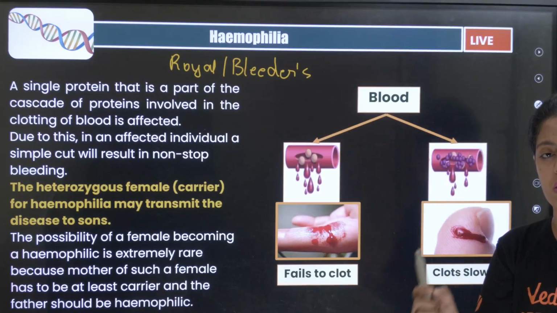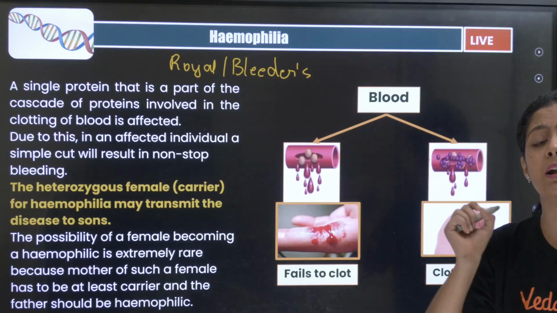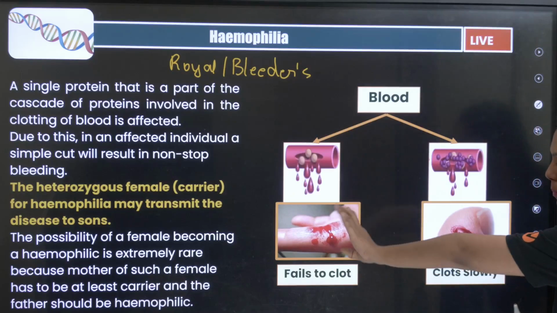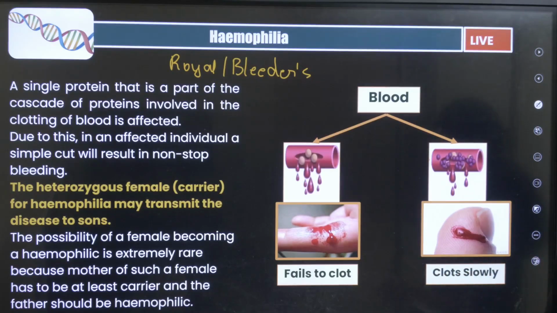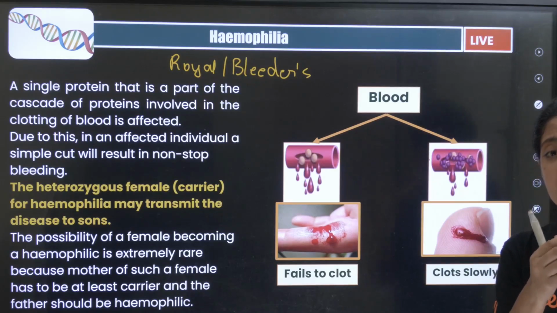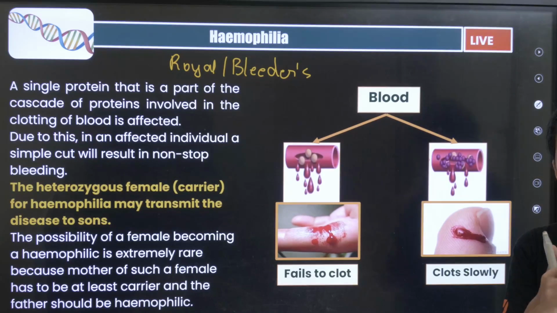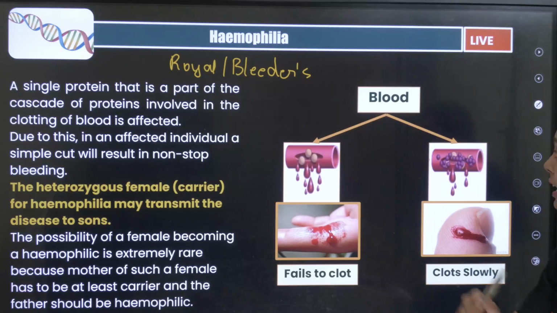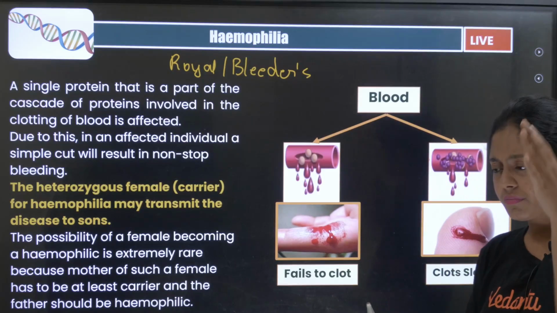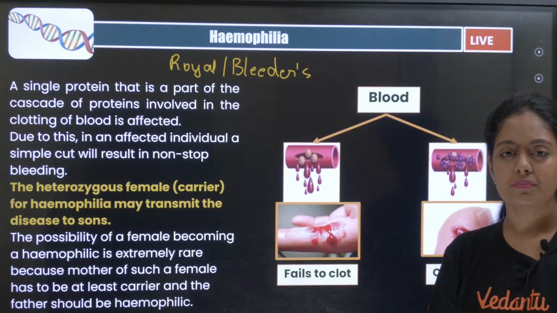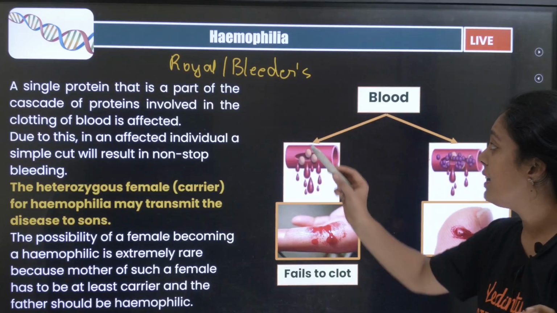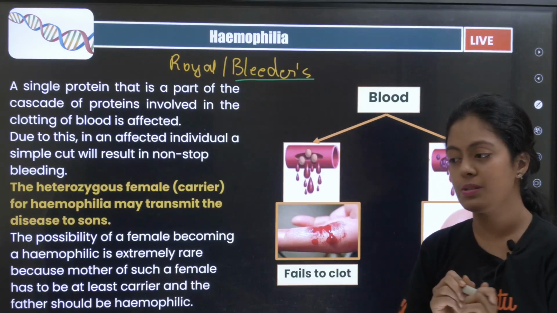One of those proteins is not synthesized properly in people with hemophilia. Normal people, if there is a cut, the bleeding stops. There is a clot that is formed, right? So here in case of hemophilic people, the blood fails to clot. Okay, very important, there is a failure of clotting. So that is why we call it bleeder's disease.